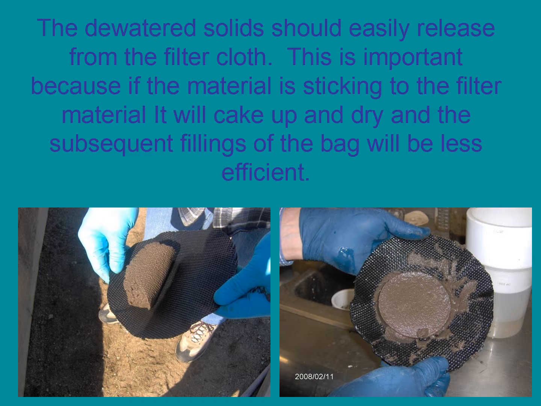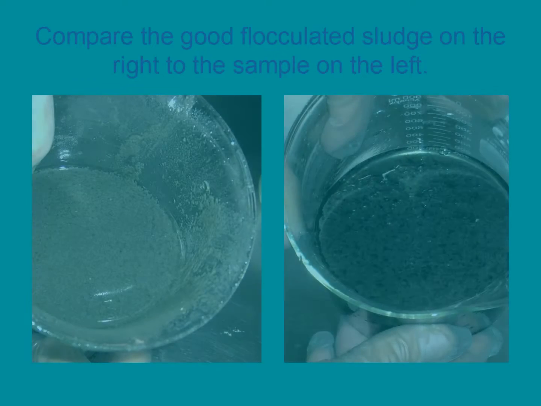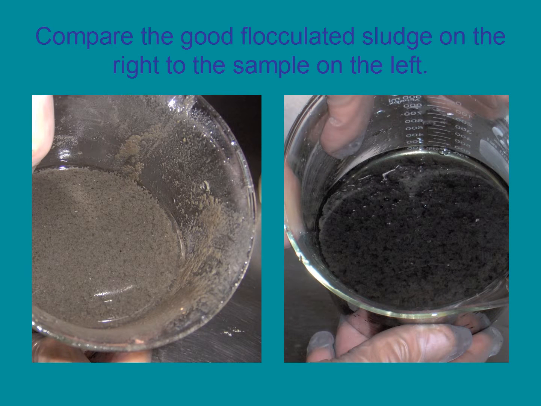On the left you can see the cake releases from the fabric very cleanly. On the right, you have a poor release as a result of improper dosage of the chemical. Compare the amount of fines left unflocked in the picture on the left and the very good tight formed flock in the right picture.